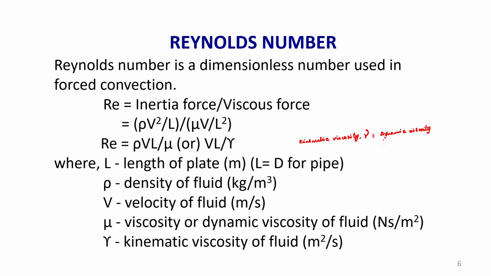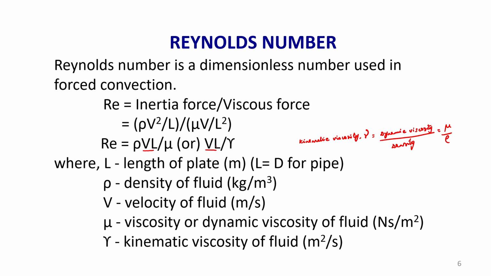The ratio of dynamic viscosity to the density of the fluid is called the kinematic viscosity, so in terms of formula, nu equals mu divided by rho. Here I have rho by mu, so that becomes 1 by kinematic viscosity, and V into L I have kept as it is.